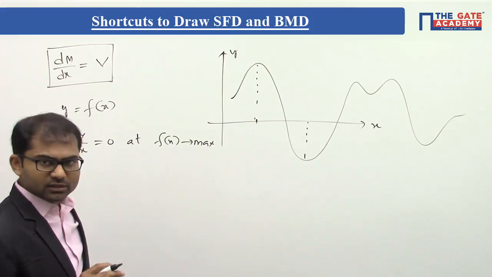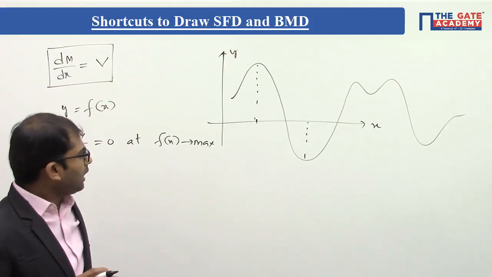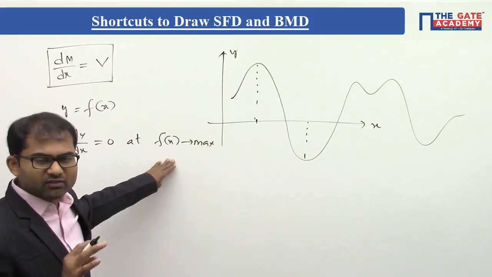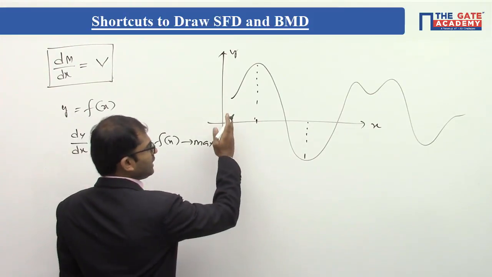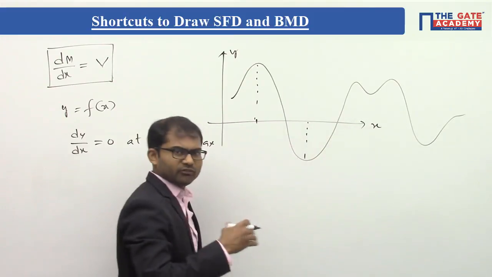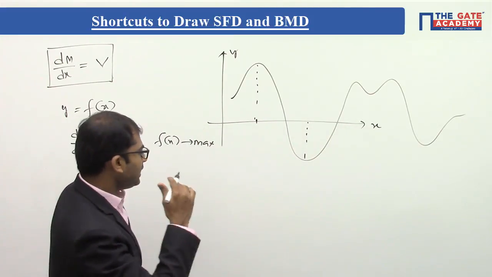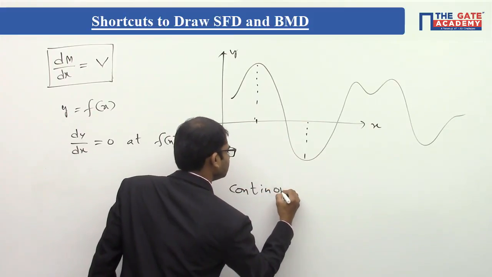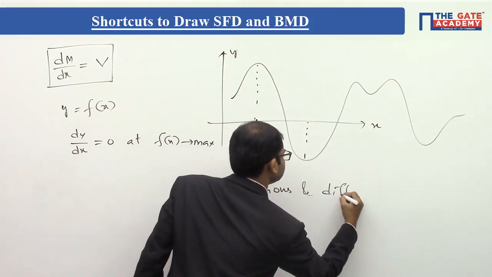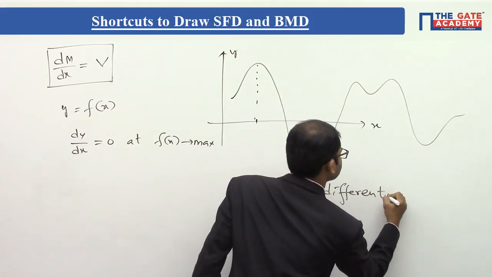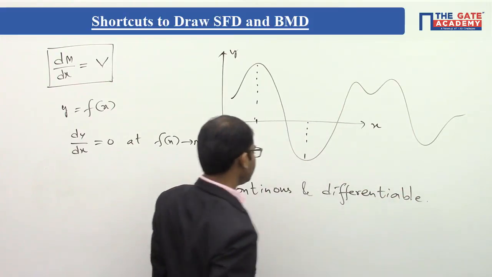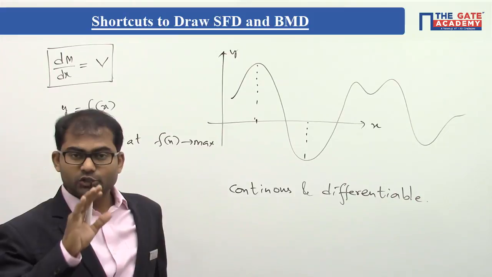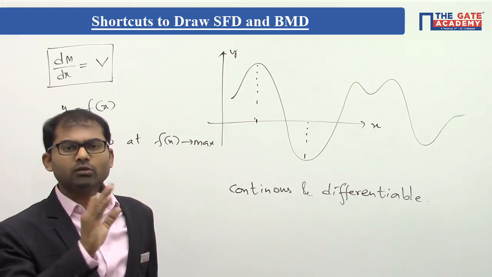And the other thing is, this condition is valid only where the function is valid, that means over the range of the function, it should be continuous and differentiable throughout that range.